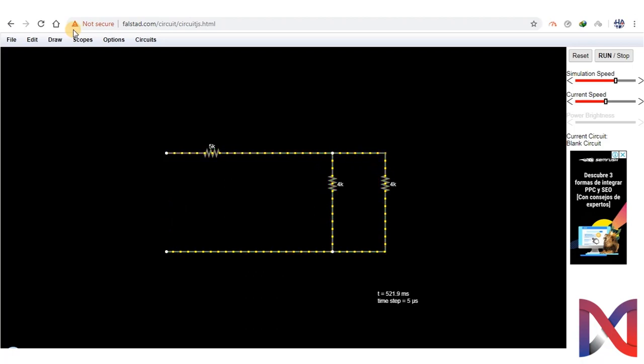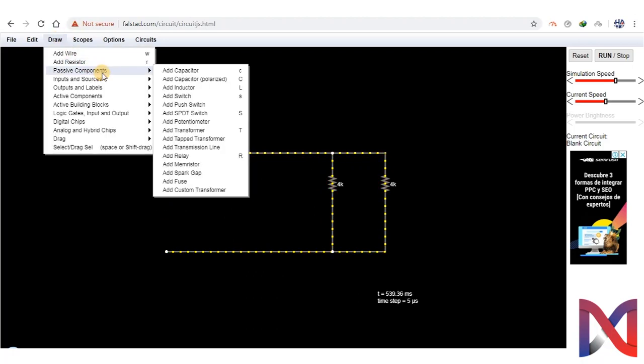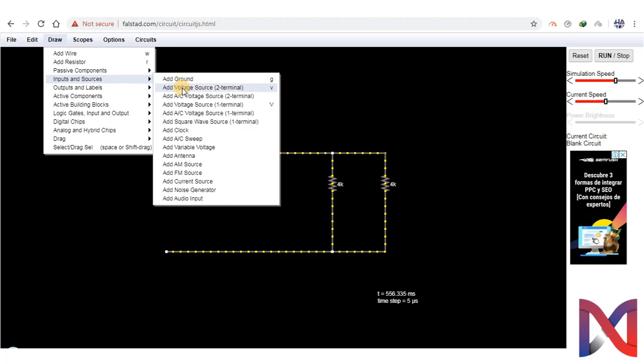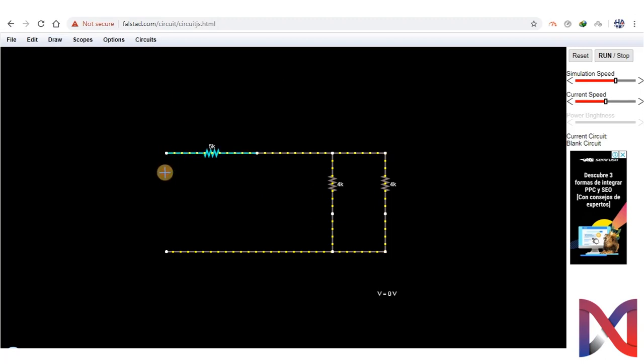Now we will delete the ohm meter and place a voltage source of 28 volts here. So we go to draw, inputs and sources, and place our voltage source here. But you have to remember that you must place the voltage source so that its negative terminal is above and positive terminal downwards.